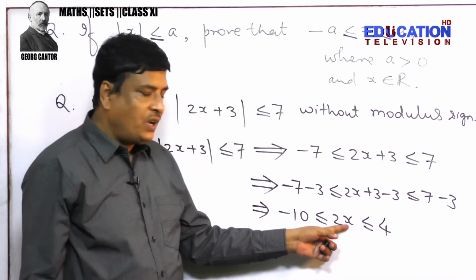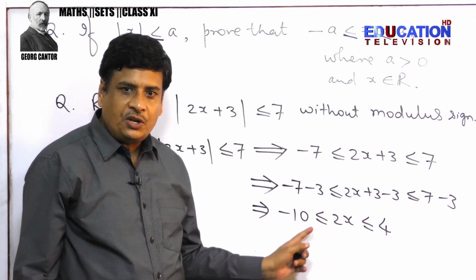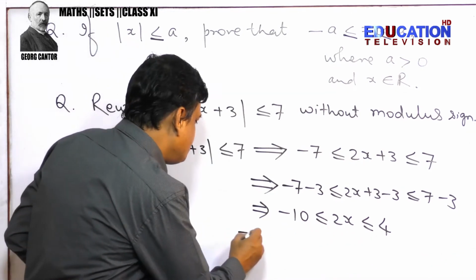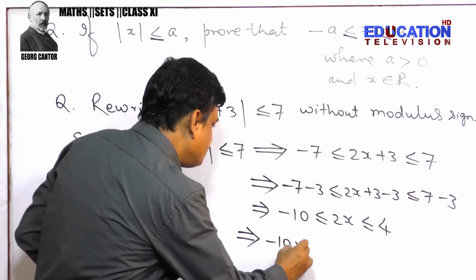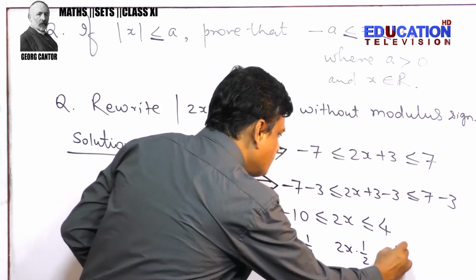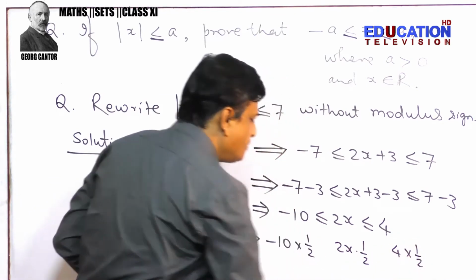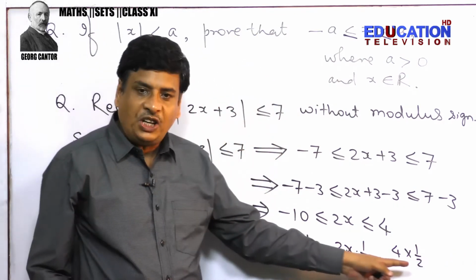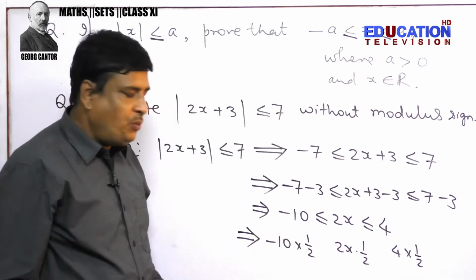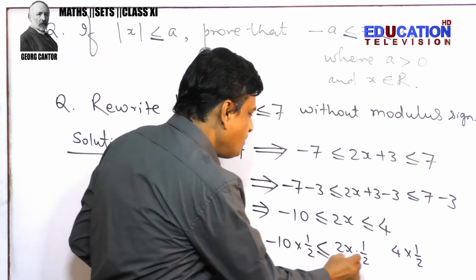We want to make only x between the inequalities, so multiply each term by 1 by 2. Each number is multiplied by a positive number 1 by 2, so the inequality sign will remain as it is.